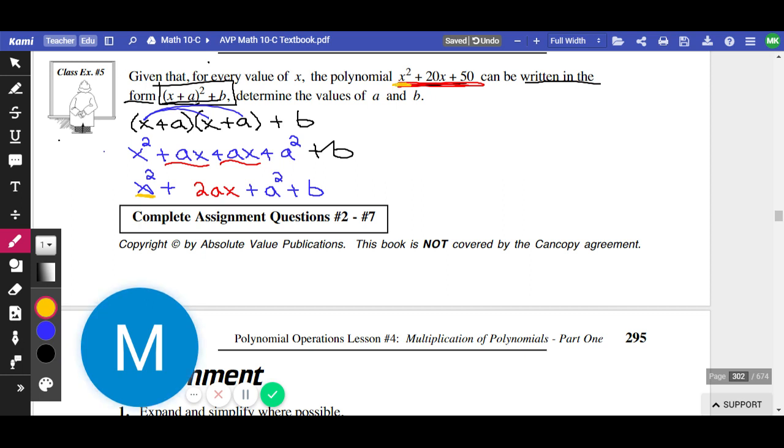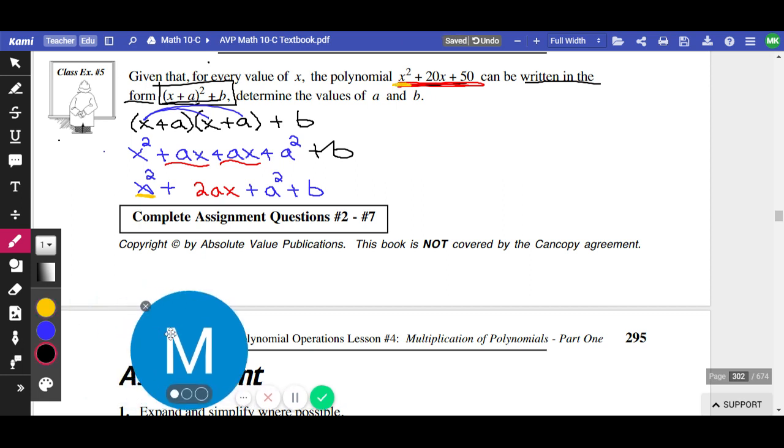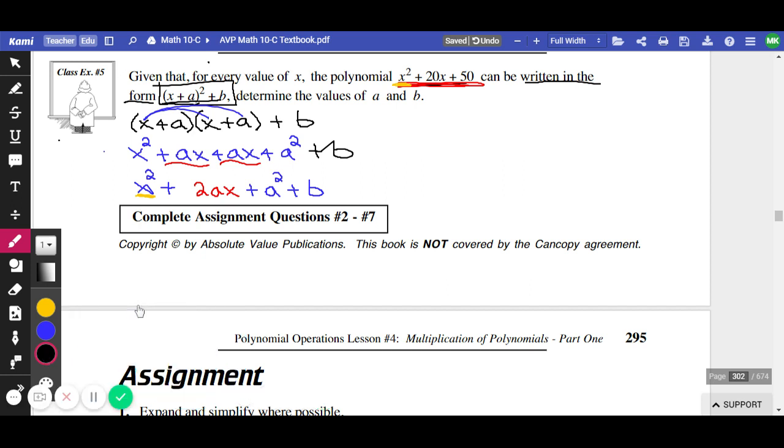If you look at our answer, we have this guy right here, 2ax. In our answer, we should have had 20 x's. That means a must equal something to turn 2a into 20.